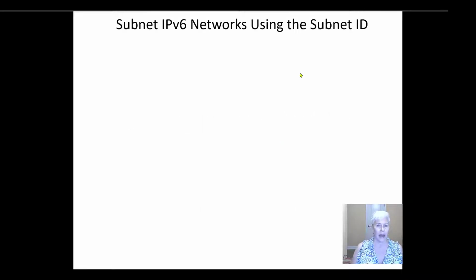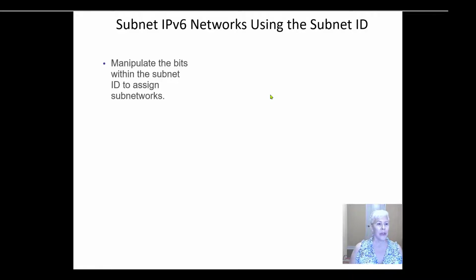Remember, in the addressing structure, we talked about the subnet ID. The subnet ID came after the global routing prefix. It was the 4th hextet. With IPv6 subnetting, we use the 4th hextet to do the subnetting.